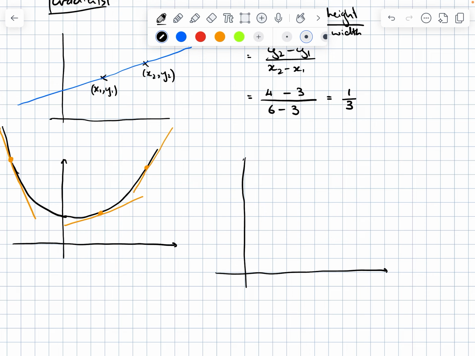I'm going to draw just a simple one that does that. And I'm going to start at the point A and point B. What I'm going to do is draw a straight line between them and try and calculate the gradient of that line. Now this blue line is called a secant line.